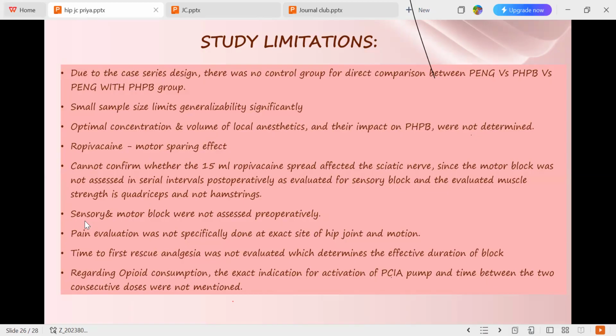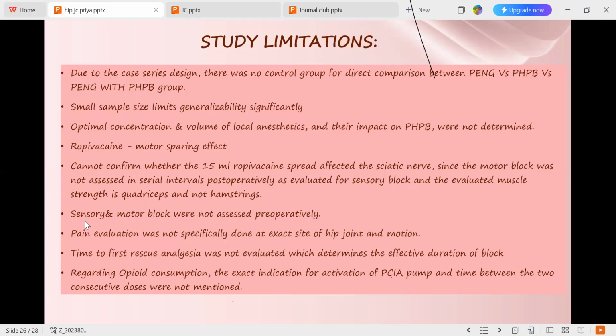And we couldn't say whether there was sciatic nerve involvement pre-operatively also, because in most hip fractures there can be sciatic nerve involvement, there can be sciatic nerve injury also, and they are going with the posterolateral approach of total hip arthroplasty. In that case also there can be sciatic nerve injury, so we cannot say whether the sciatic nerve got injured pre-operatively or post-operatively.